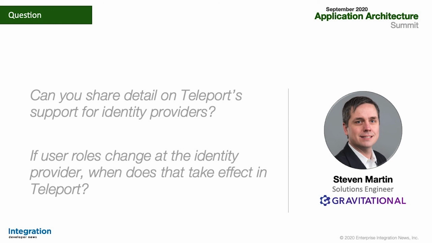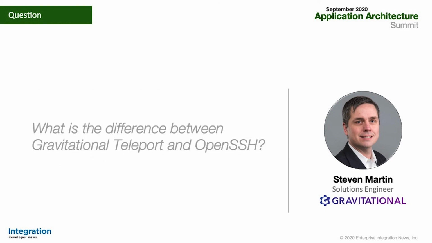Oh, great. Another question, just to level set where you are in the application, let's call it the master toolkit environment. What is the difference in your view, Stephen, between Gravitational Teleport and OpenSSH? The major difference is you're able to control who can go in and how they go in a central place.